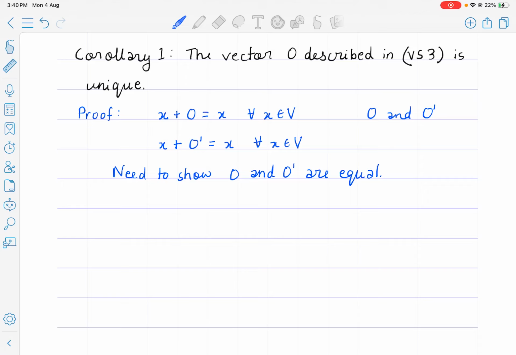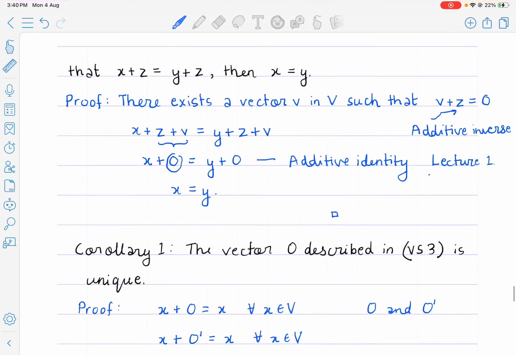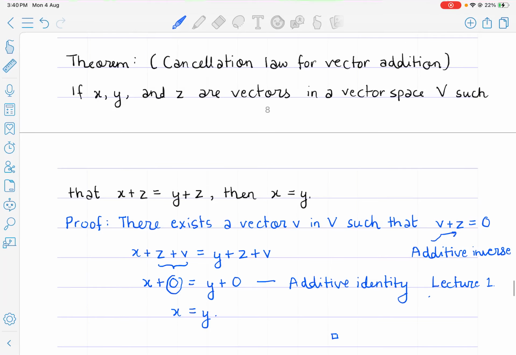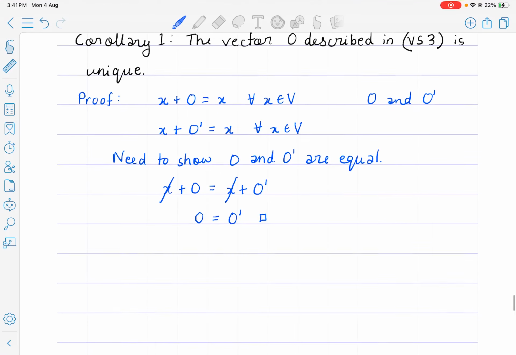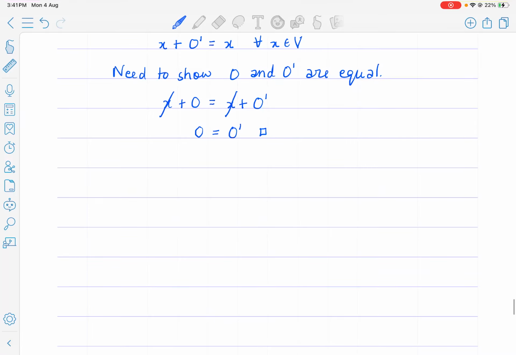Then we cancel on both sides using the cancellation law theorem. When you cancel it, this becomes 0 is equal to 0 dash, which we needed to prove. So that's the proof of corollary 1.